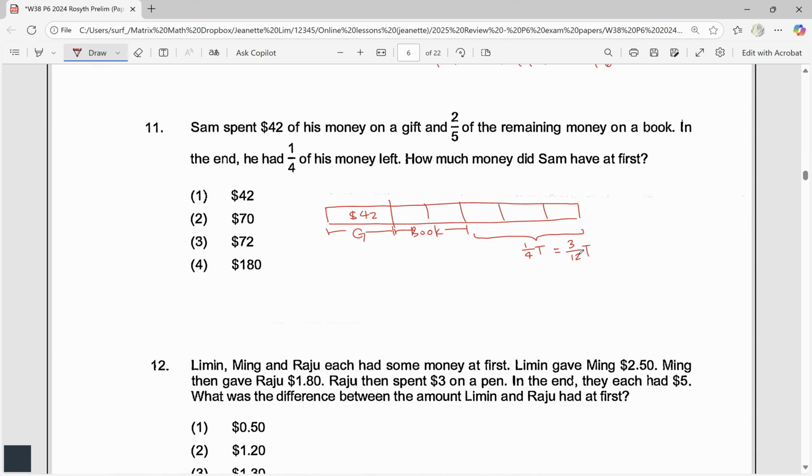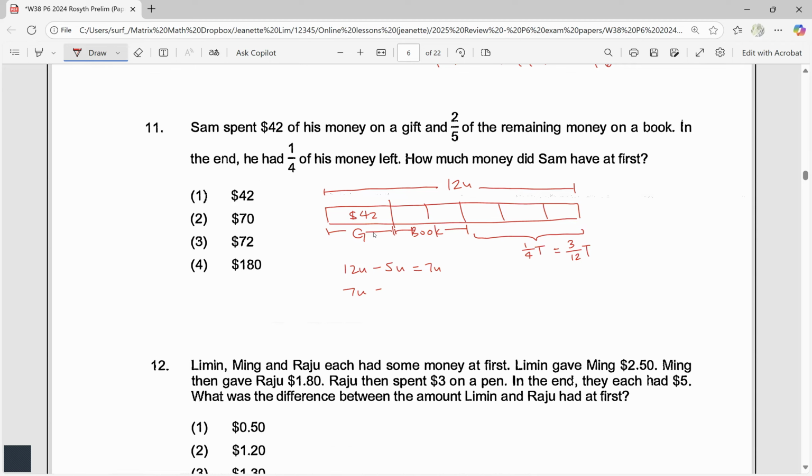So what is 12 units? 12 units will be the total amount of money at first. So the remainder, I have 5 units, which means that $42 would be 7 units. 12U minus 5U, 7U.